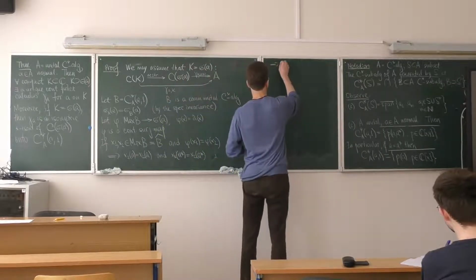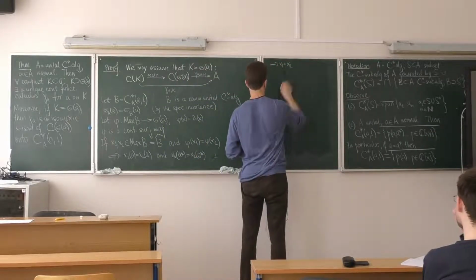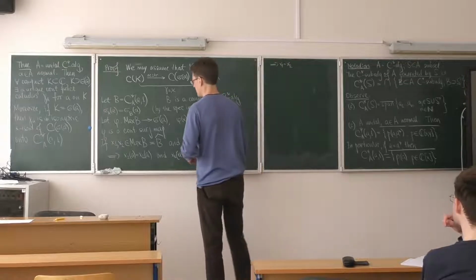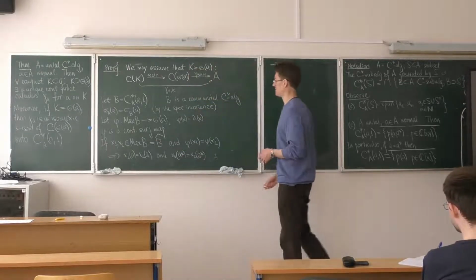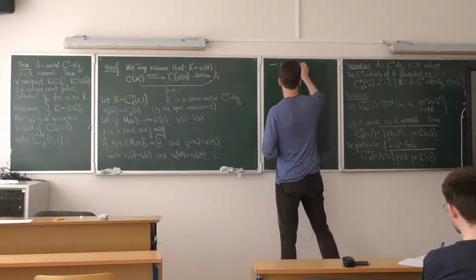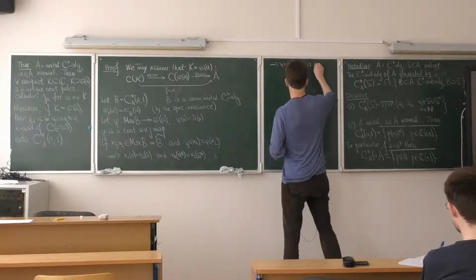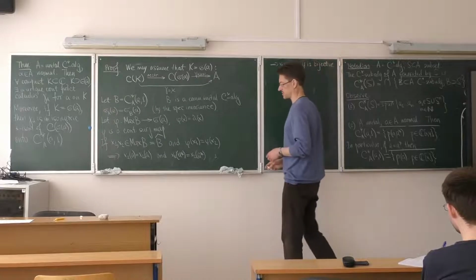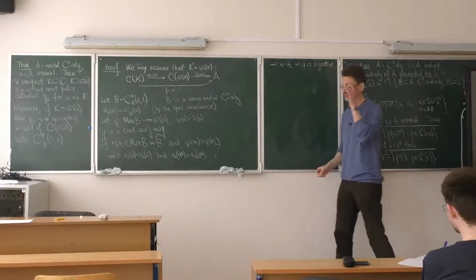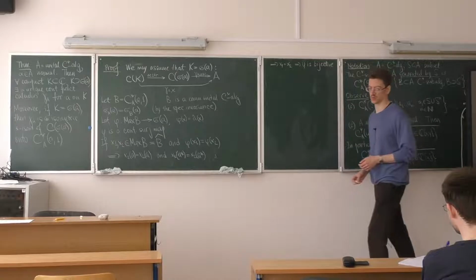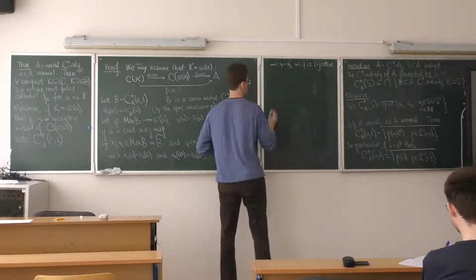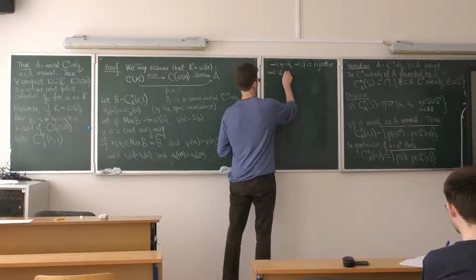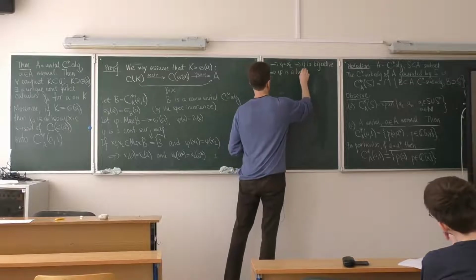So this implies that x1 equals x2. So we conclude that phi is bijective. Well, and a continuous bijective map between compact Hausdorff spaces is a homeomorphism. Phi is a homeomorphism.